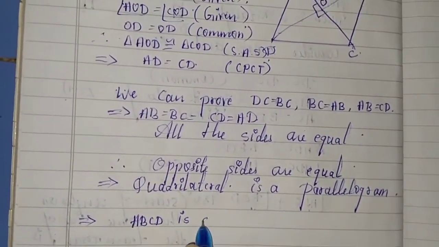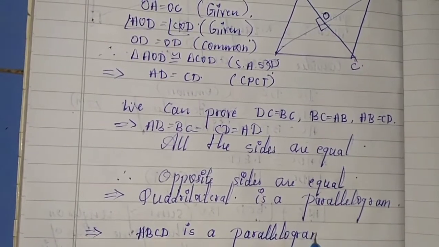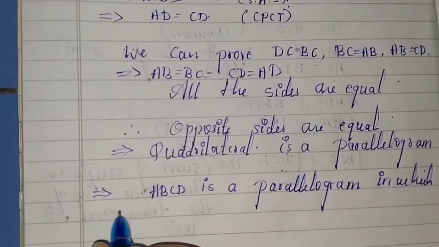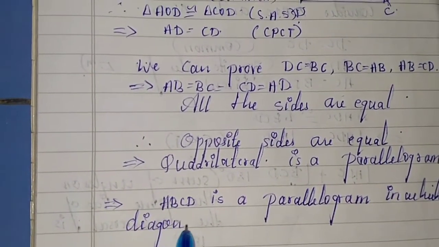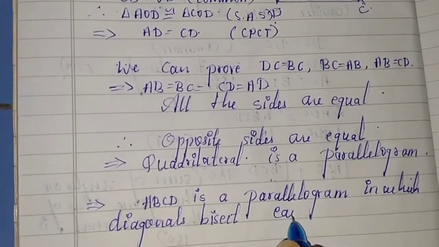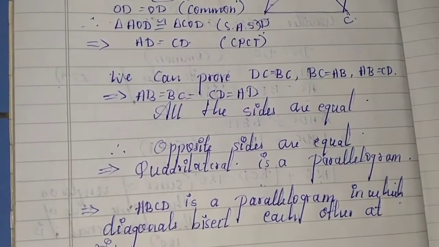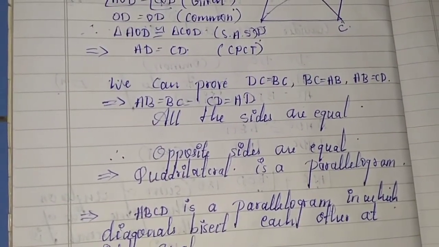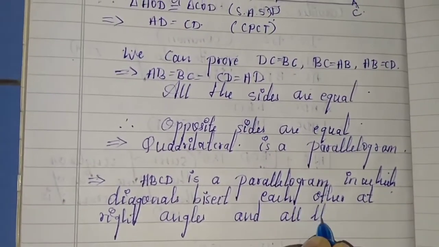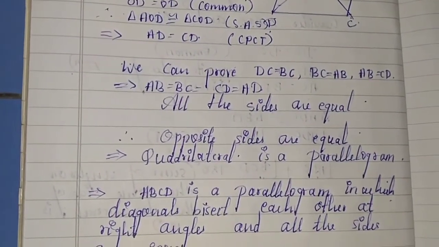So you can write that ABCD is a parallelogram in which diagonals bisect each other at right angles and all the sides are equal.